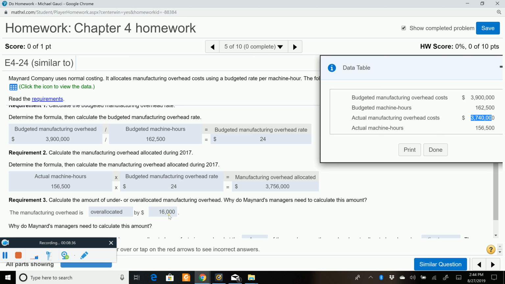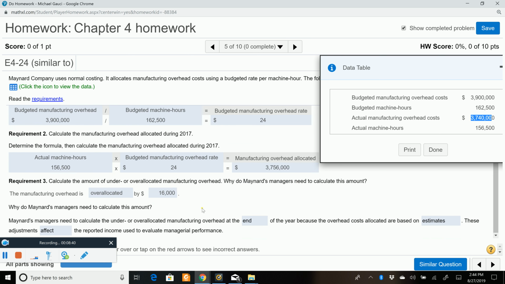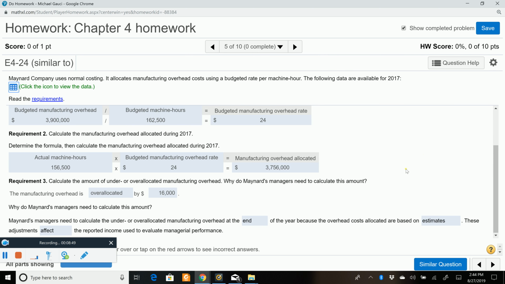We over applied by $16,000, and that $16,000 will have to be adjusted at the end of the year, and we will do so by either adjusting it to cost of goods sold to get rid of the balance in the overhead account, or we will allocate it between WIP, finished goods, and cost of goods sold.